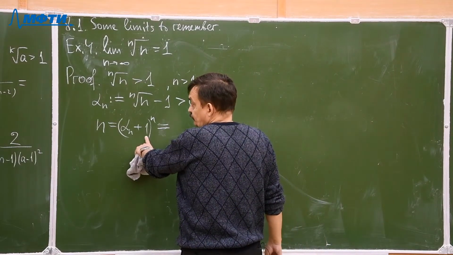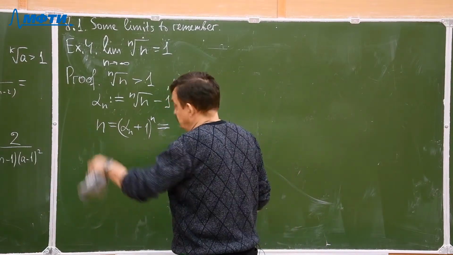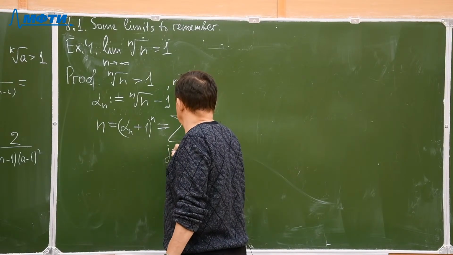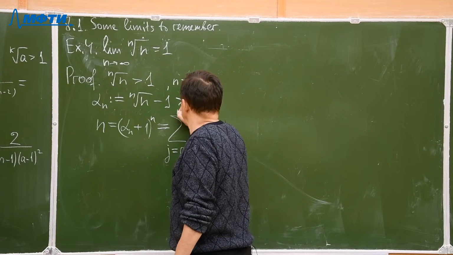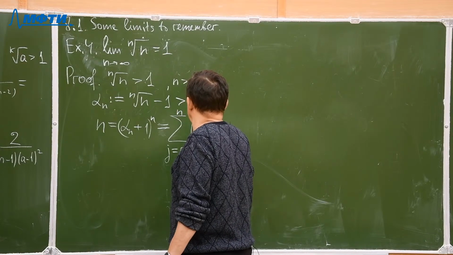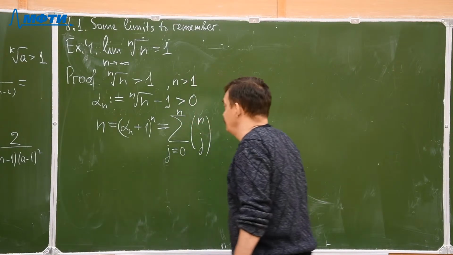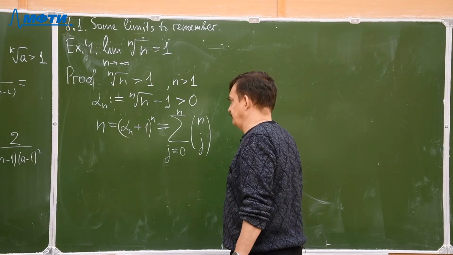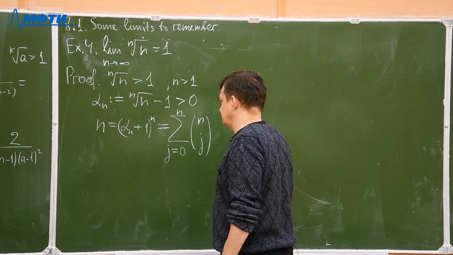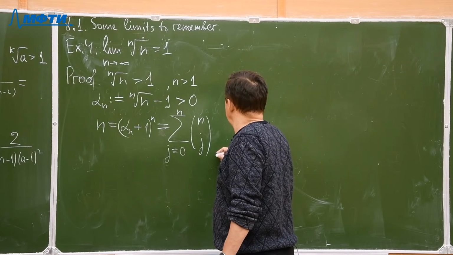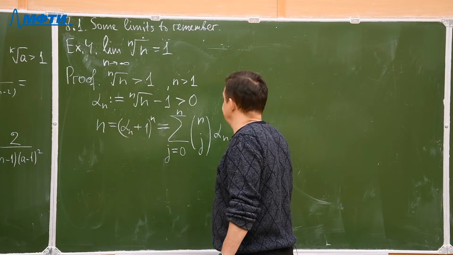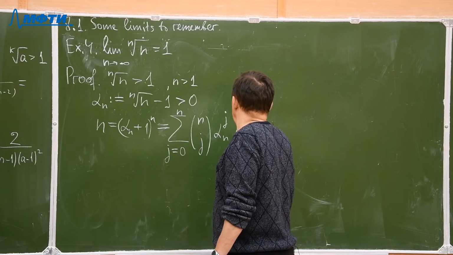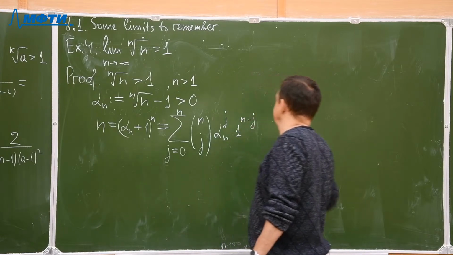I'll write it here: the sum of n choose j, alpha n to the power j, 1 to the power n minus j.